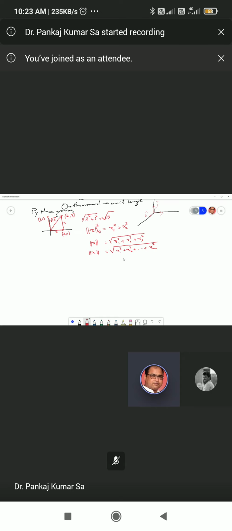Can I write it in this way? X transpose X. So this X transpose X is the squared length.